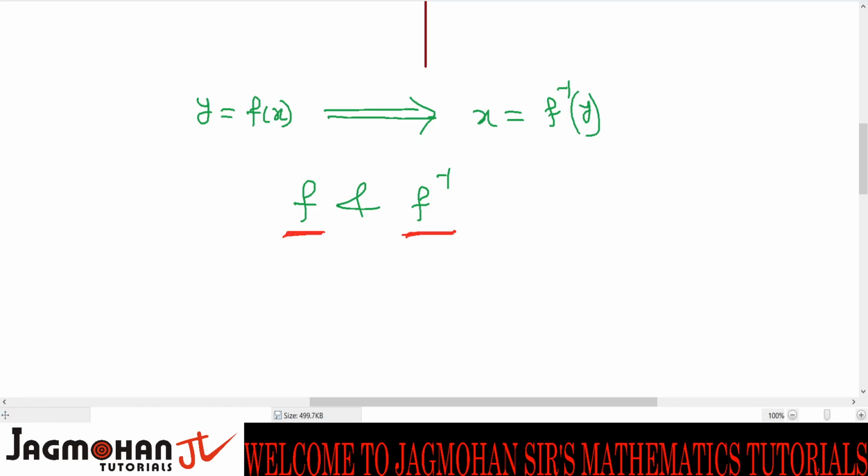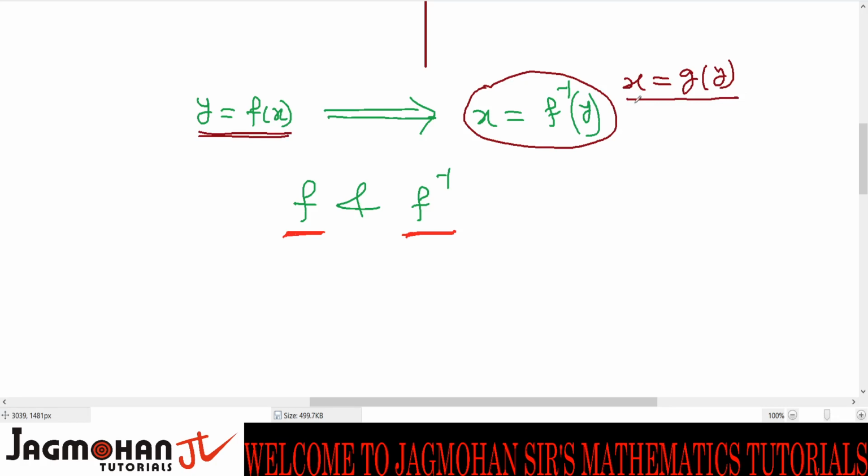But there is one more symbolic representation used. Instead of saying x equals f inverse of y, I could have even said x equals g of y. I could have said y equals f of x is a one-one onto function, then x equals g of y is the inverse of y equals f of x.